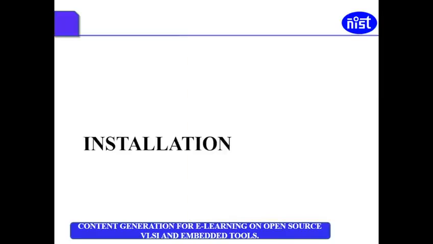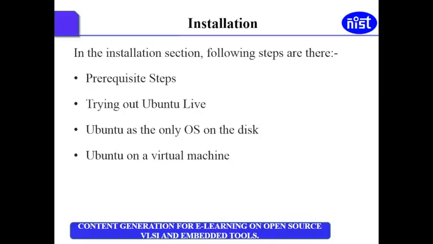And then coming to the installation of Ubuntu. What are the things required before you install Ubuntu in your system? Some pre-requirement steps: trying out Ubuntu live, Ubuntu as the only operating system on the disk, Ubuntu as a virtual machine.